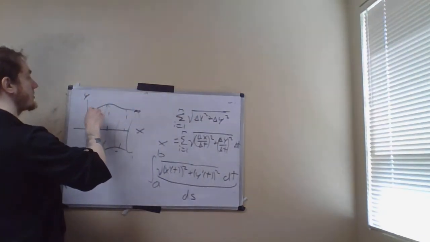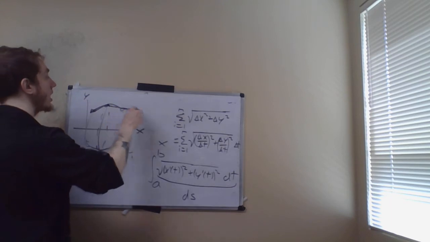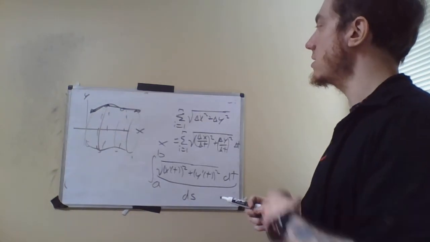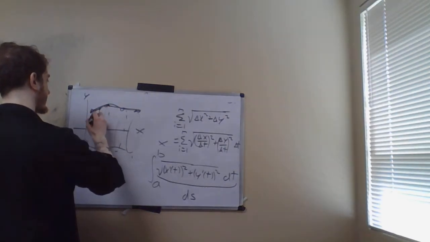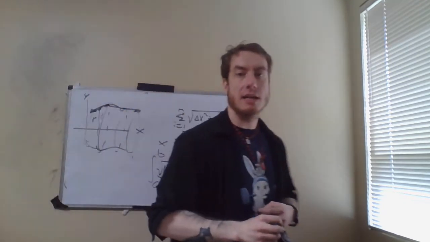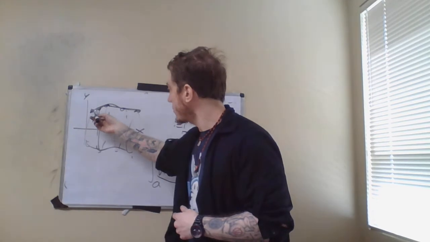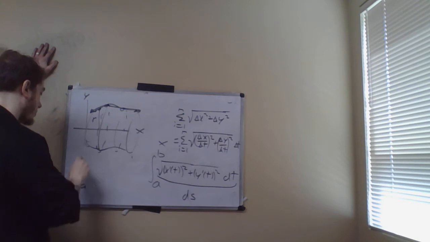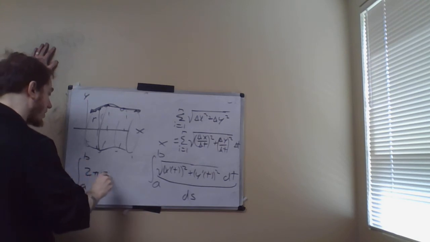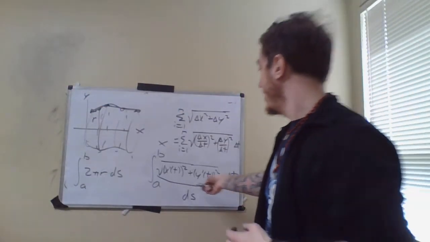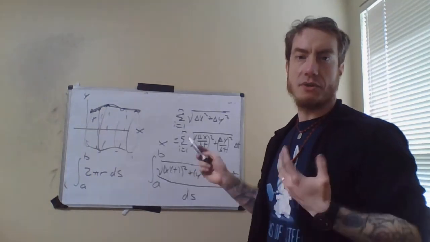The way that we found the surface area was we approximated this curve with straight lines, and then we observed that the surface area comes out to be 2 pi times the radius, where the radius here is the average radius, times the length of this little segment. So that comes out to be the integral from a to b of 2 pi r ds, where ds is just this same differential of the arc length.